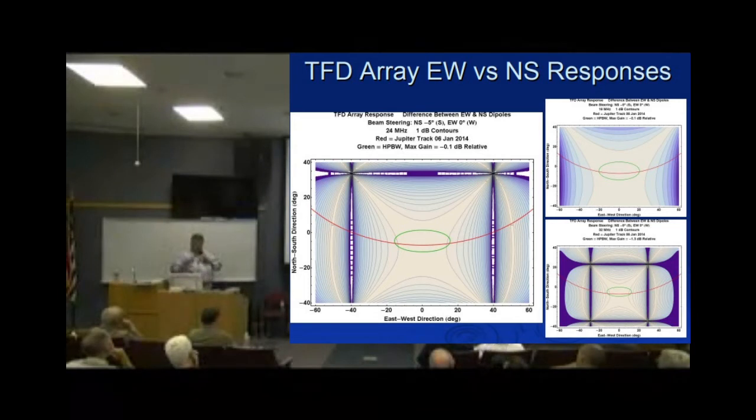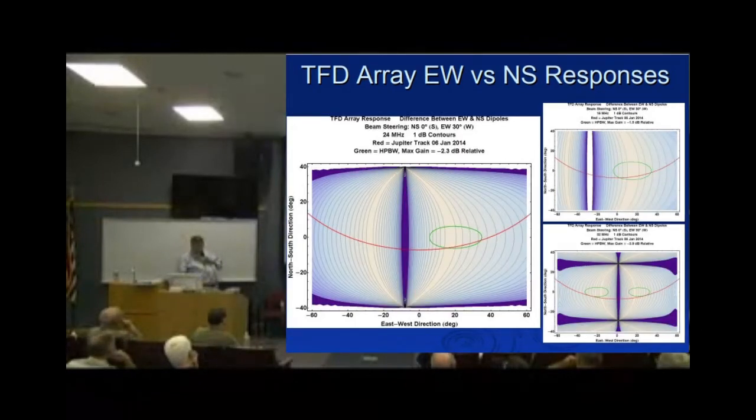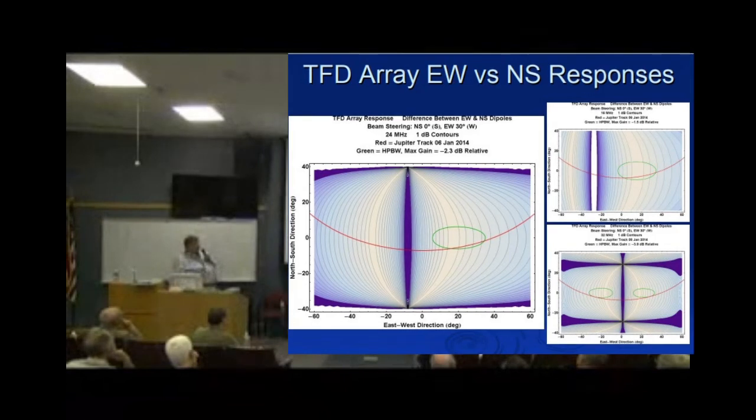We're good to go as long as Jupiter is within the 3 dB beam width. Well, we start beam steering though, and oops, weird things start to happen. And it starts to happen worse and worse. And if you try to beam steer way over here, no can do.